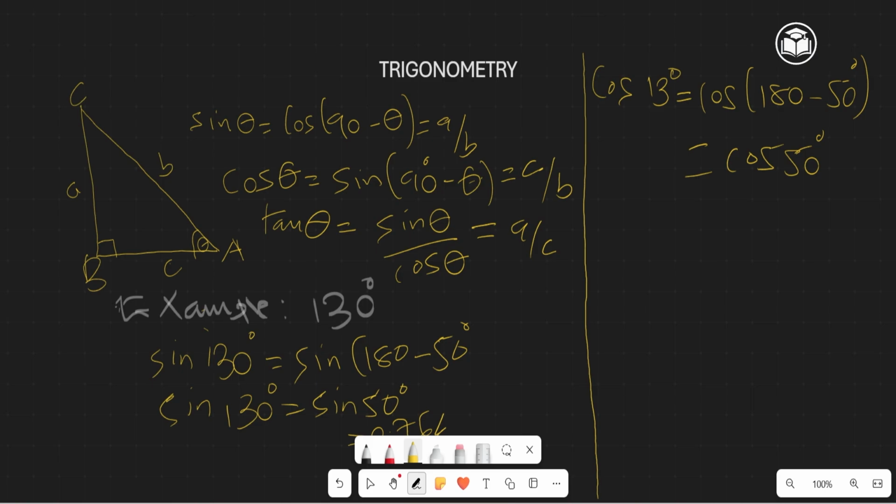This translates directly to the cos of that, 0.6428.